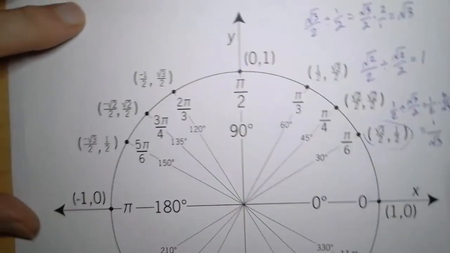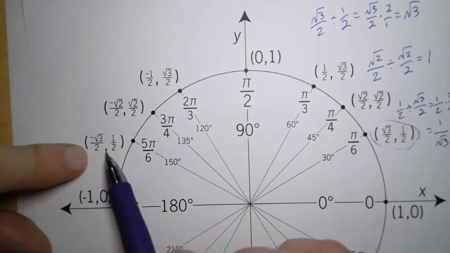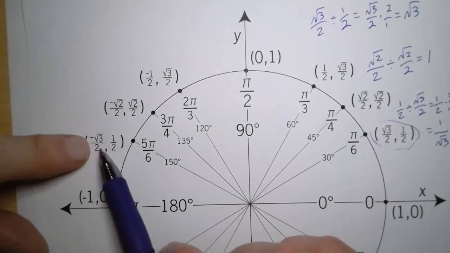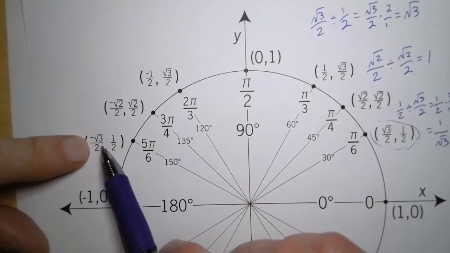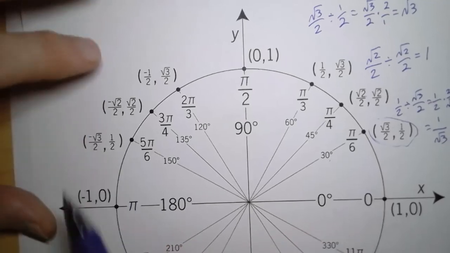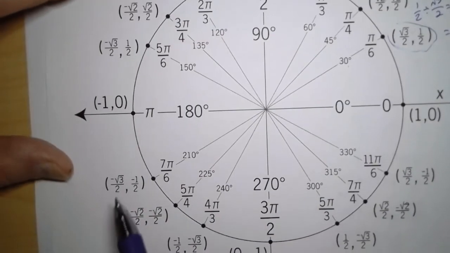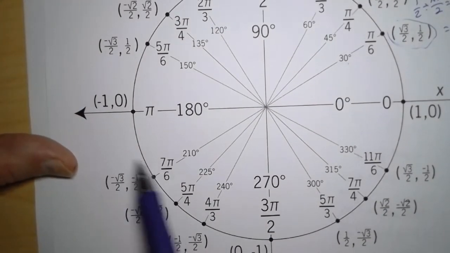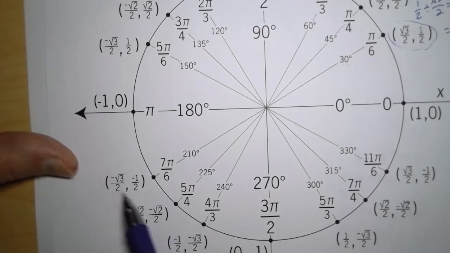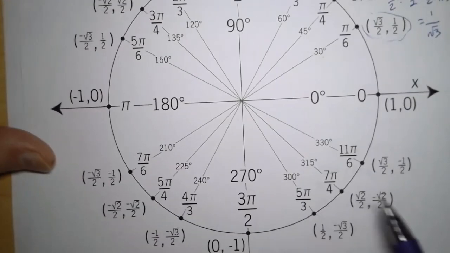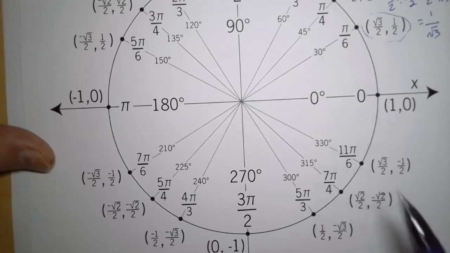And that's going to be this point over here, because they only differ by a negative, which is going to make this negative square root of 3 over 3, which is okay. Along with this point, if we divide these, it's still going to be square root of 3 over 3, but it will be positive. And then down over here, this will be negative.